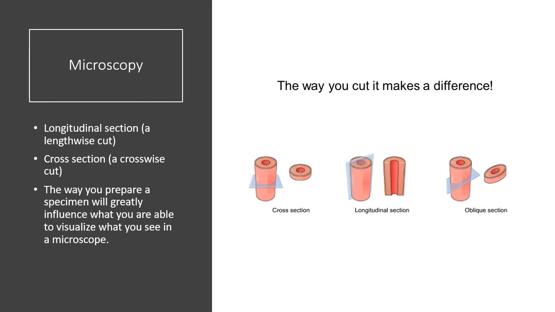And it's also going to be different from an oblique section, which is this diagonally cut section. So when you're preparing and analyzing a sample, it's important to remember how you cut and prepared it so that you will understand exactly what it is that you're looking at.